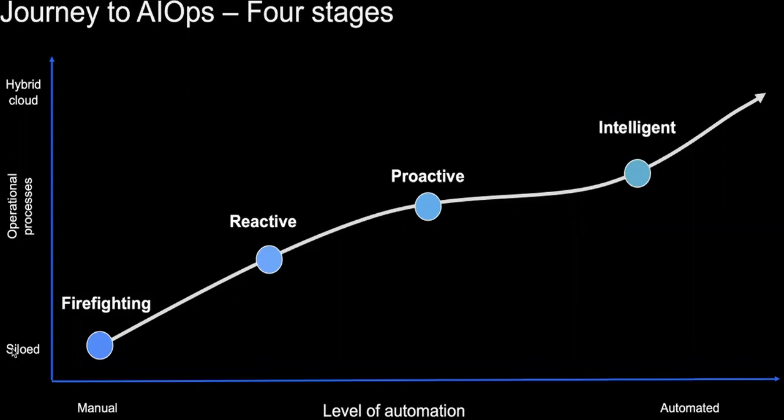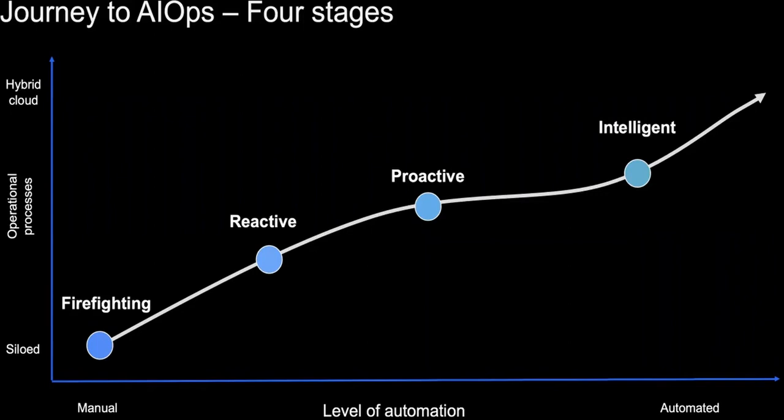The next stage is reactive. You have some procedures in place to resolve issues, and you do still get outages, but they're shorter, with shorter resolution times. As you get to a more proactive stage, you're now able to use the data available to you, organize around the issues, and try to address things before they become major outages.